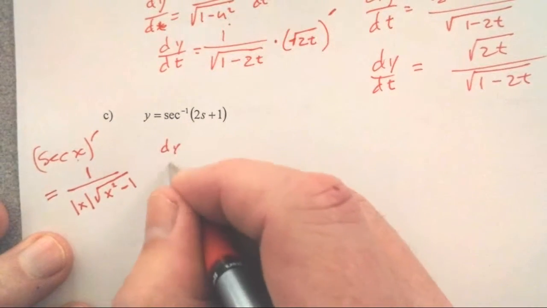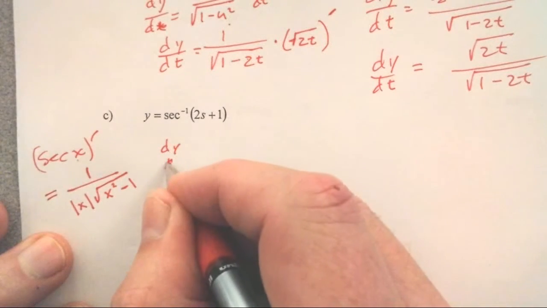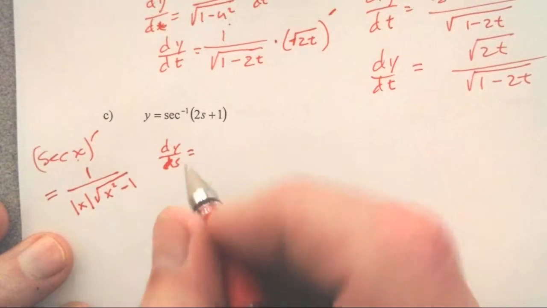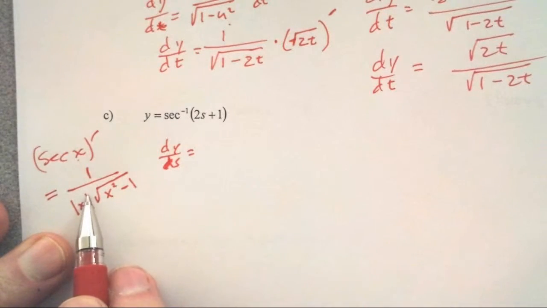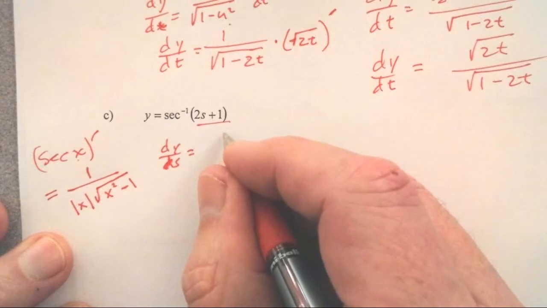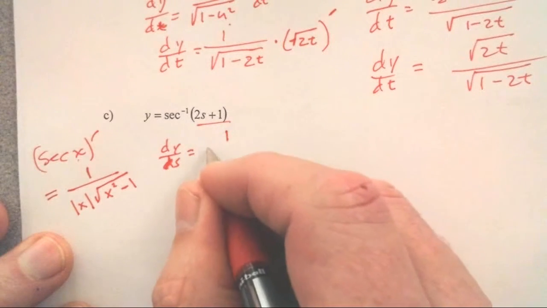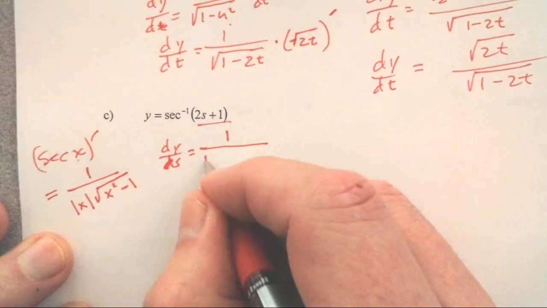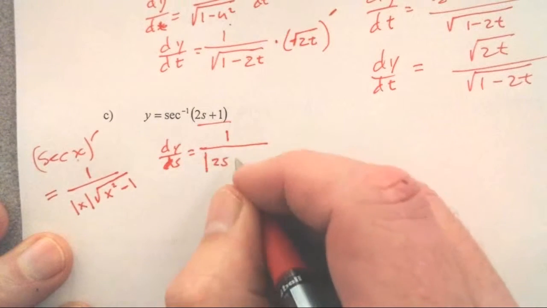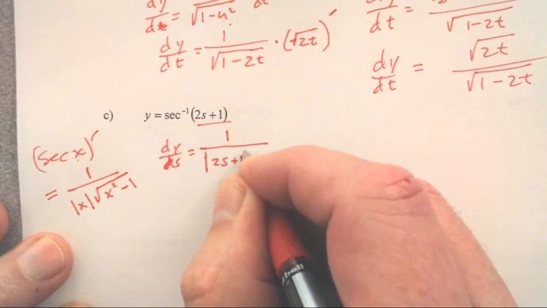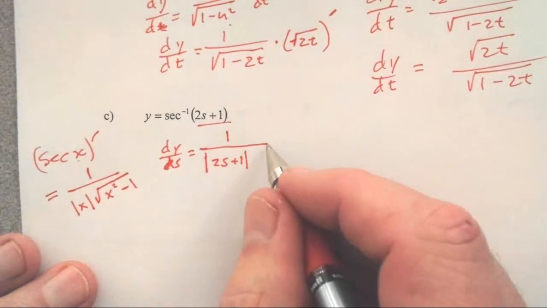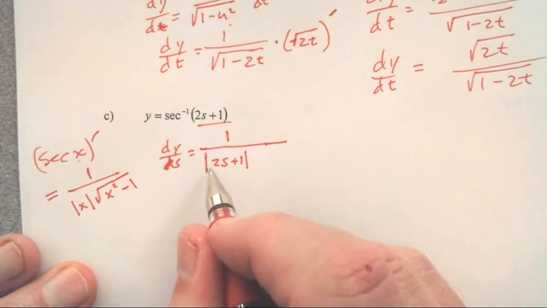So dy ds, careful, dy ds is this derivative. However, x is replaced by 2s plus 1. So I'm doing the substitution, just doing it in my head. That is 1 on absolute value 2s plus 1. Let's make sure our absolute values are bigger than our numbers. That way we don't end up treating it as a 1 or treating this as a 12.